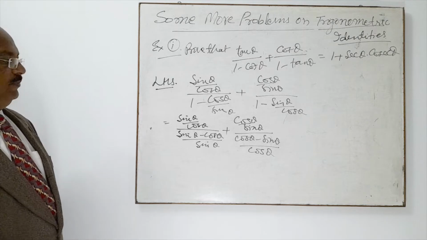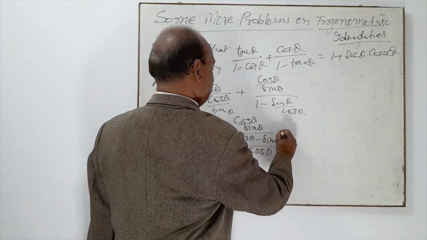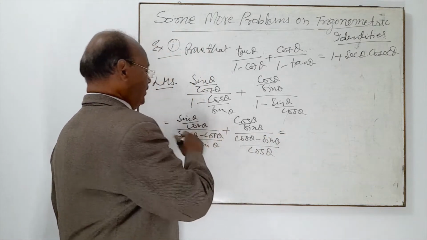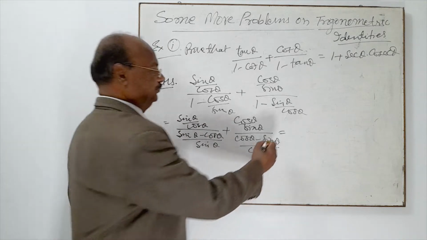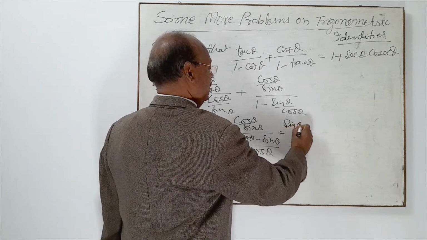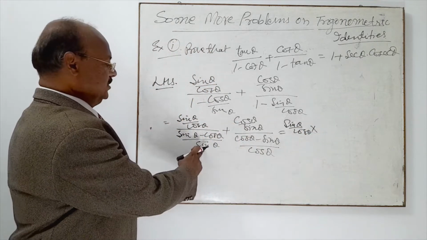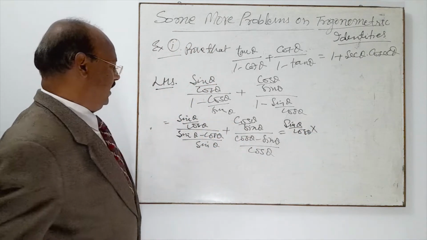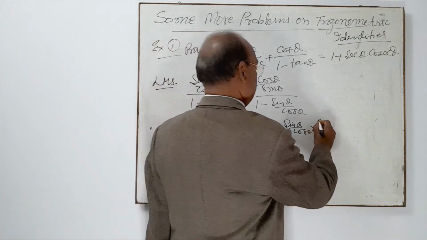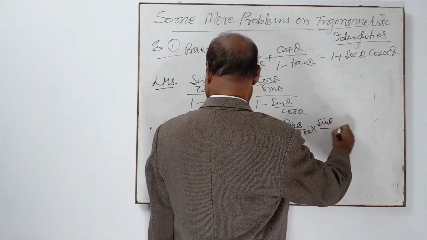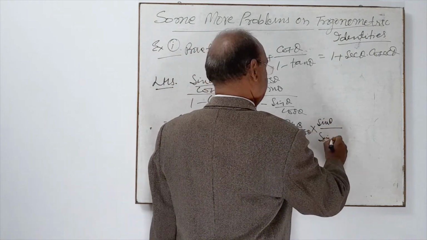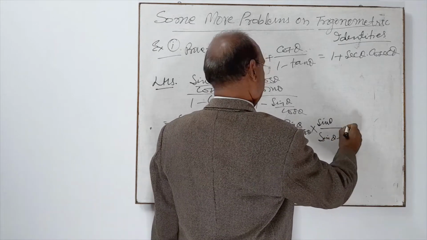Now, let us simplify it. The first term can be written as sine theta by cos theta into, as this denominator will come to the numerator, sine theta by sine theta minus cos theta.